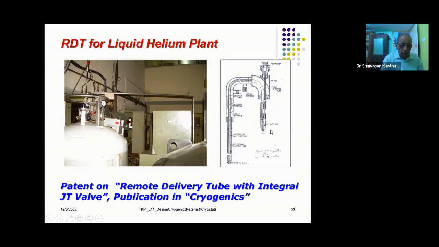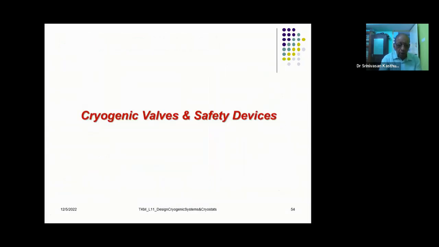So we have got a patent for the remote delivery tube with integral Joule-Thomson valve, and it is also a publication in Cryogenics journal. Okay, so far I have discussed the cryogenic transfer lines. I'll spend another maybe 10 minutes or so on cryogenic valves and safety devices.